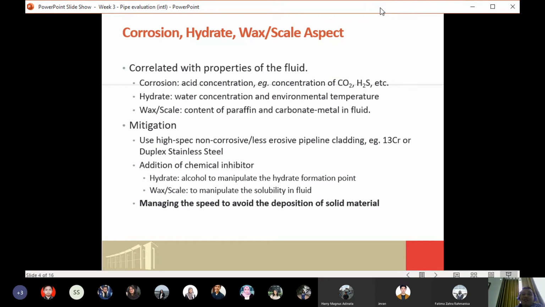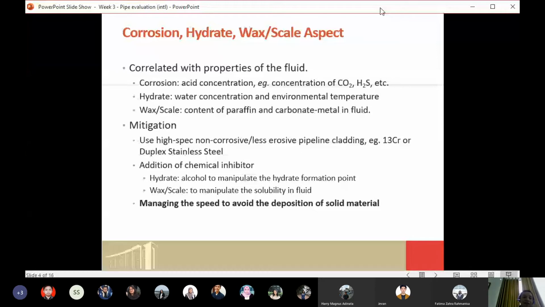This is a kind of scaling due to carbonate. That's very common. In industrial plants too, for example cooling water systems, it can be frequently found: white solid deposition, similar to the one we find in our tap water valve.